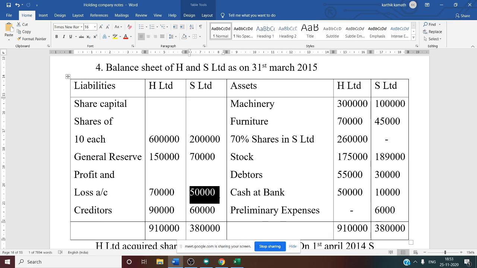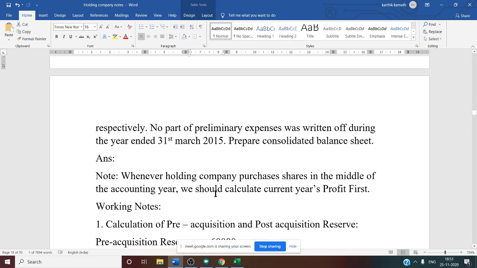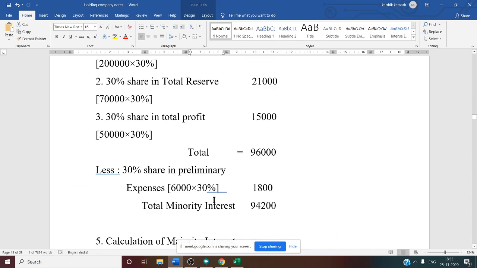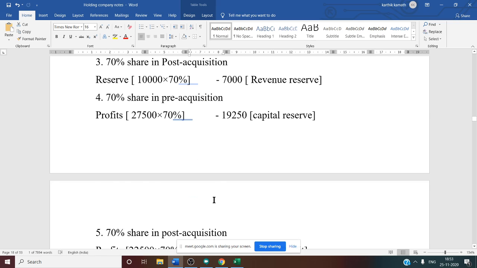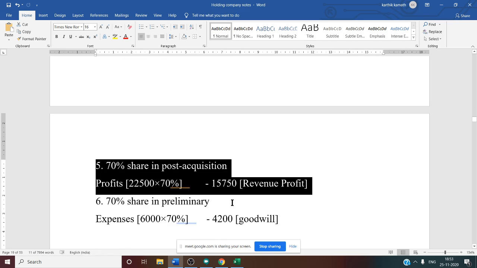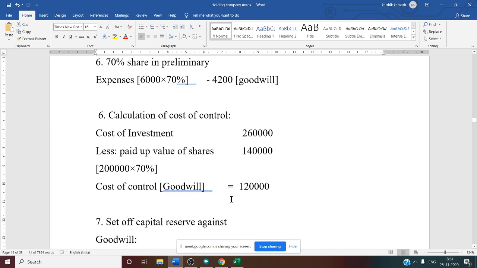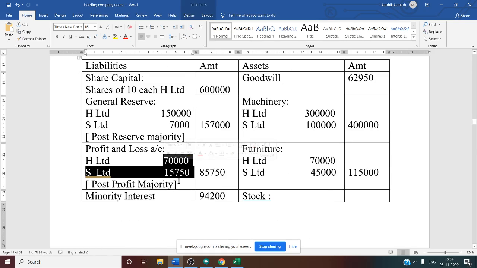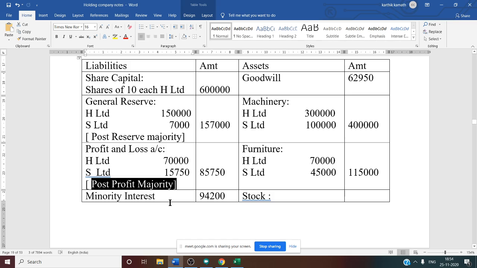We have to see only the holding company's interest. That is why we have to see majority interest. Majority interest is equal to holding company interest. So if you see the majority interest column, under post acquisition profit, you have written 15,750. So this is the revenue profit. You have to take this 15,750 and write it under the subsidiary company column. Under subsidiary company, see this, 70,000 plus 15,750, total profit and loss account 85,750, post profit of majority, that is for S Limited in the bracket.